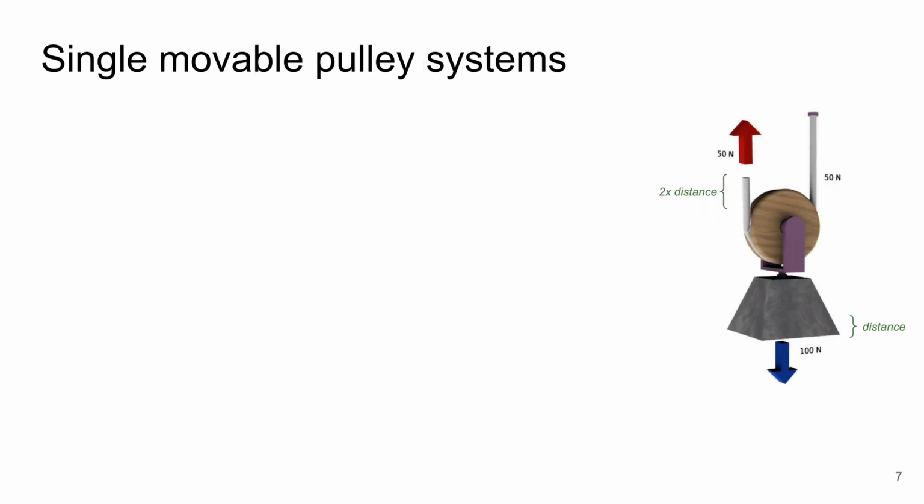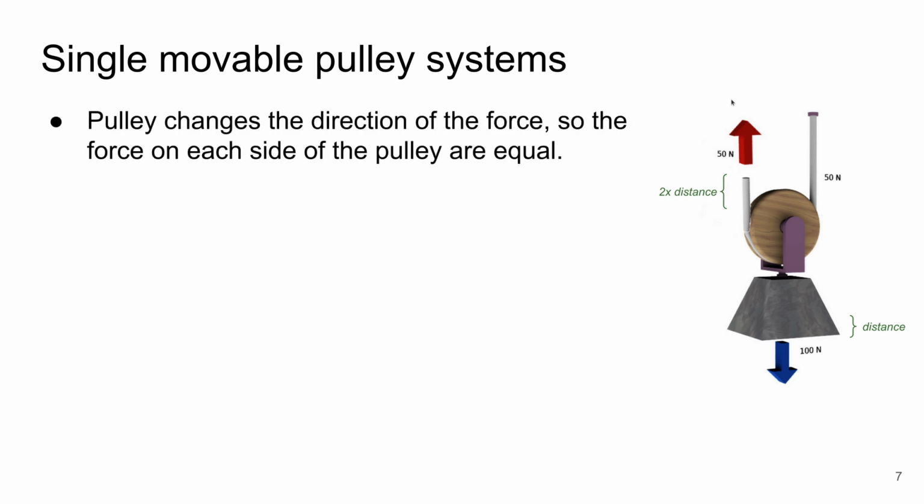Now, for a single movable pulley system, the situation is quite different. Even though the pulley changes the direction of force here, the force on each side of the pulley must be equal.